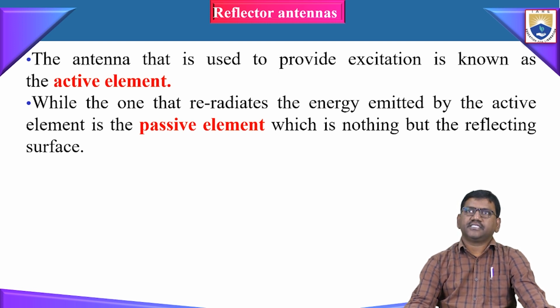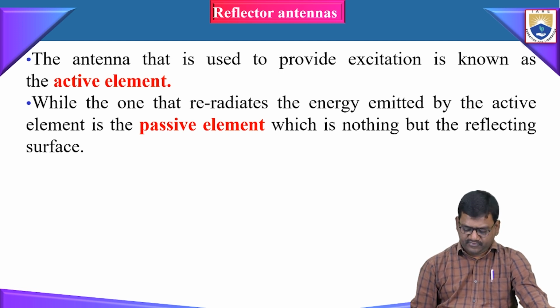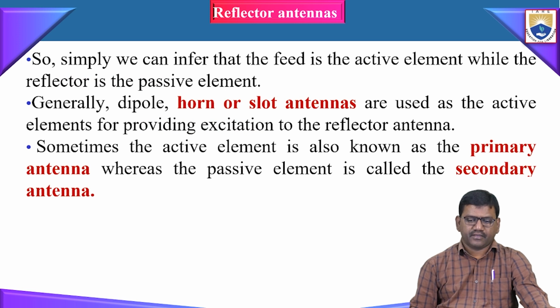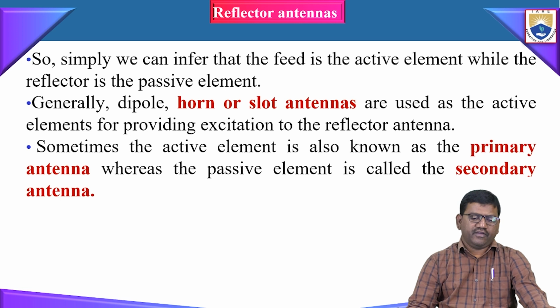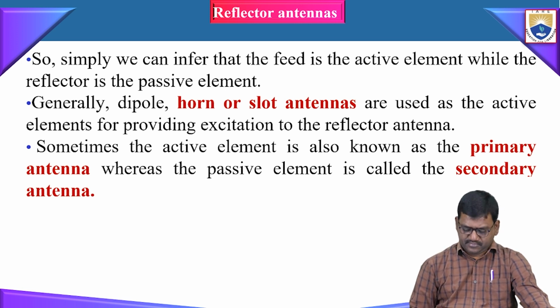While the one that radiates the energy emitted by the active element is the passive element, which is nothing but the reflecting surface. Generally for a source antenna, where we are going to provide excitation, we use a dipole, horn or slot antenna.